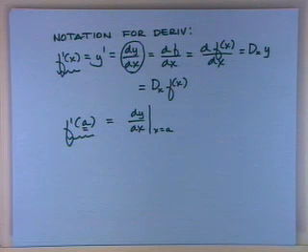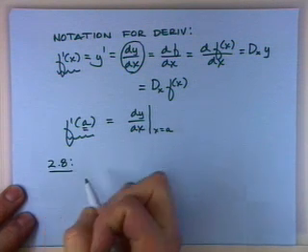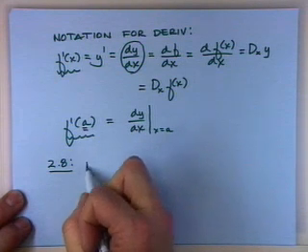Let me get you started with some of the problems from this section. And by now, we're not done with it. In fact, we're just about halfway done with this section. So this is from 2.8, page 167.